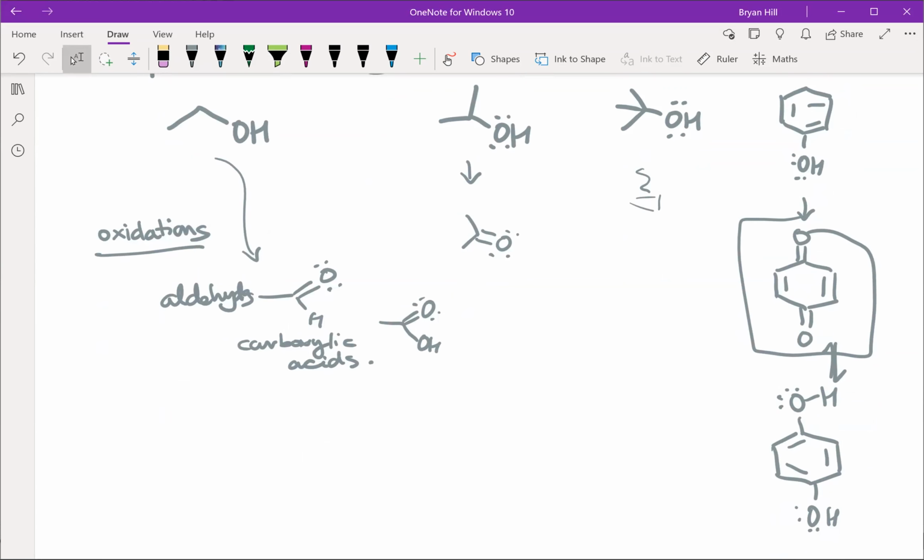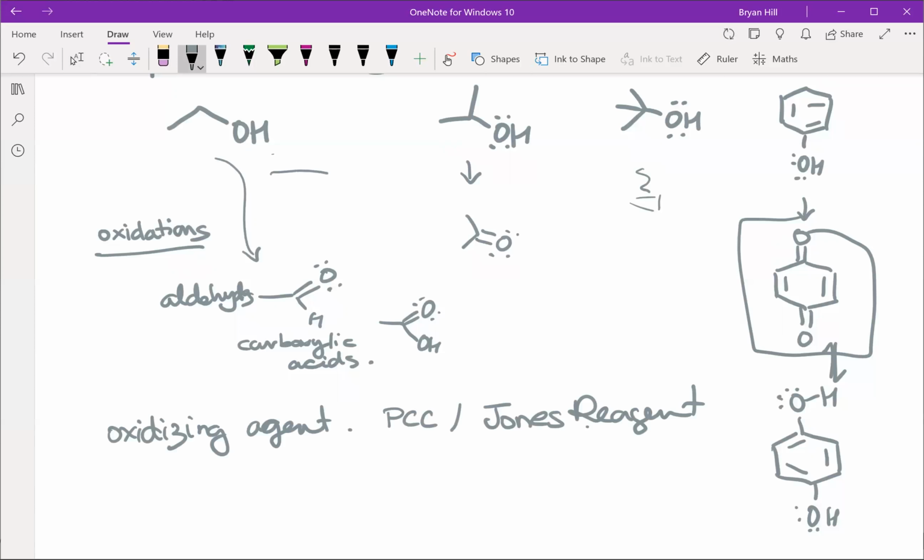What were some other reactions that we did with alcohols? So oxidizing agents. The most popular two which we would have seen would have been PCC and Jones reagent.